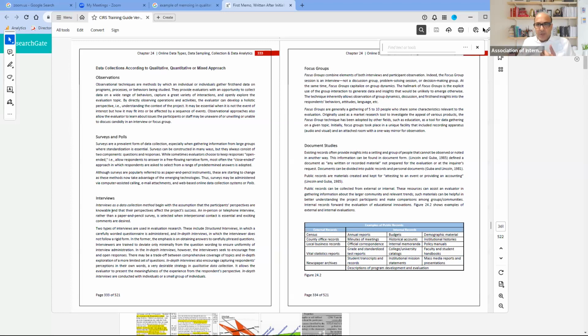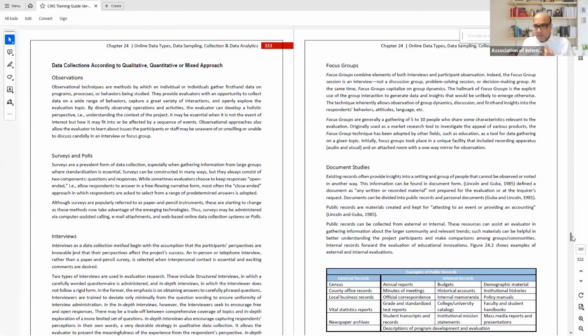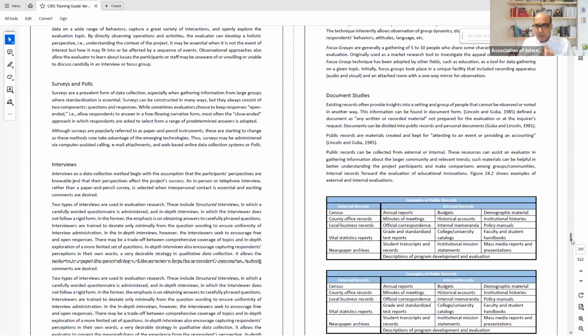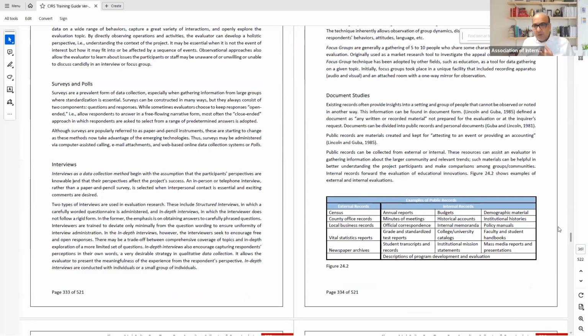Example is shown in this. You could see that it is talking about document studies. So in the document studies, there are external records that you can look for. Internal records could mean annual reports, budgets, demographic material, and so on.